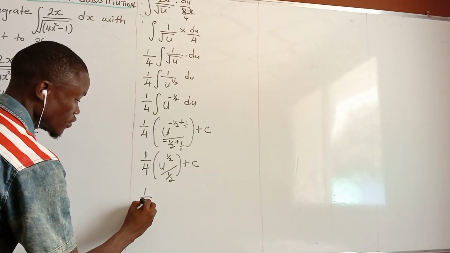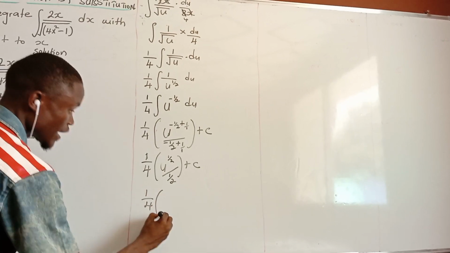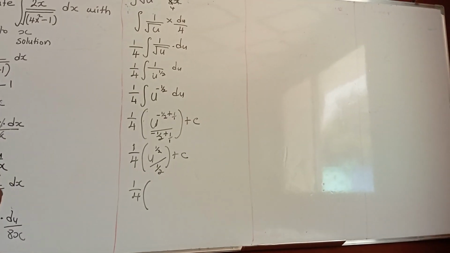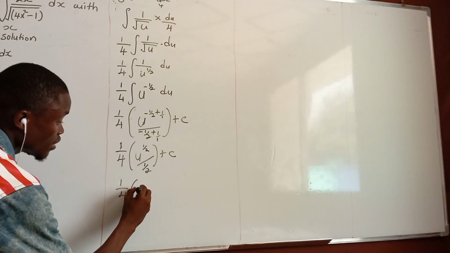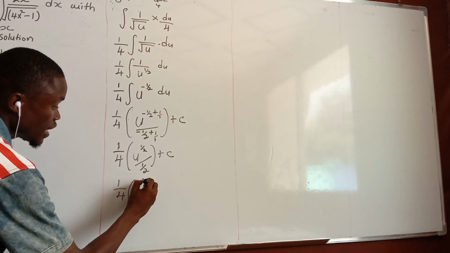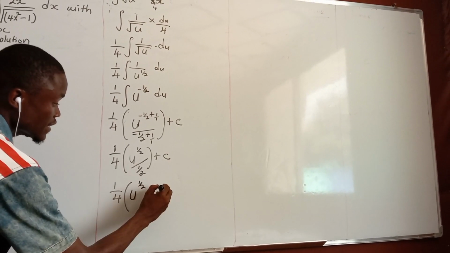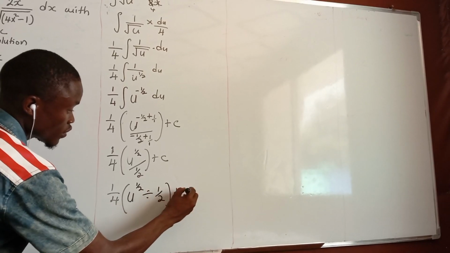So 1 upon 4, bracket open, u raised to the power half divided by half, bracket close, plus C.